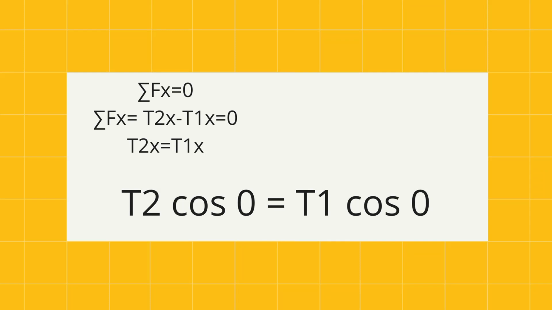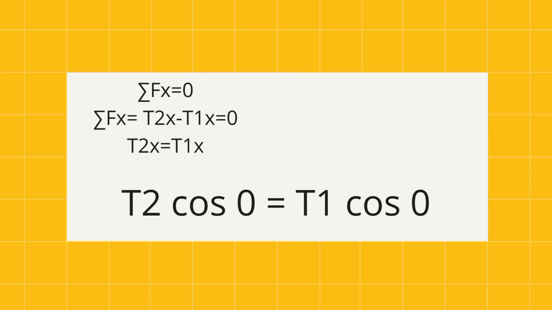The first thing we observe is that the hammock is at rest under the influence of several forces and is in static equilibrium. Thus, the first condition of equilibrium must hold. Setting the forces in the x direction to 0, the summation of force, x component, is equal to 0.